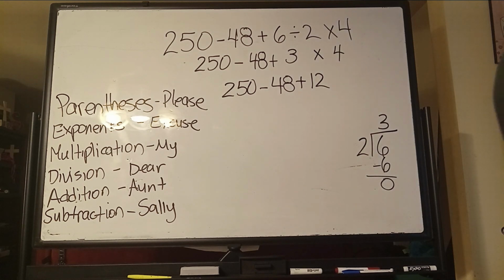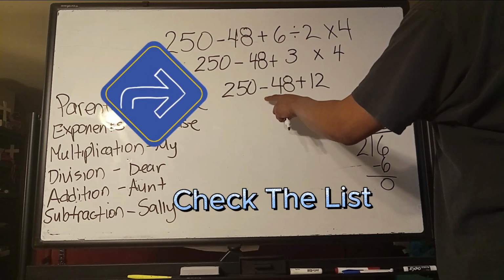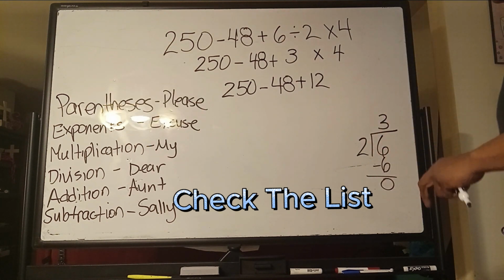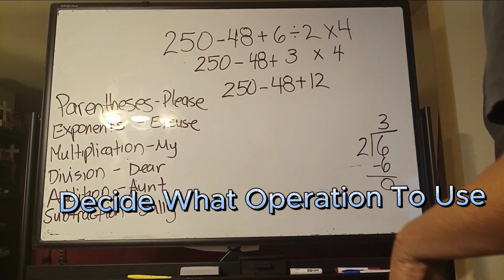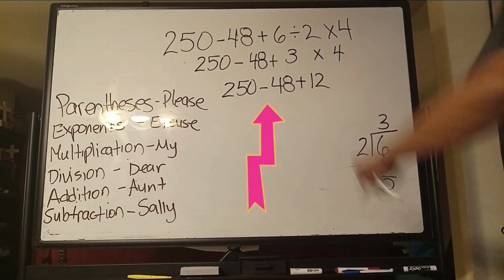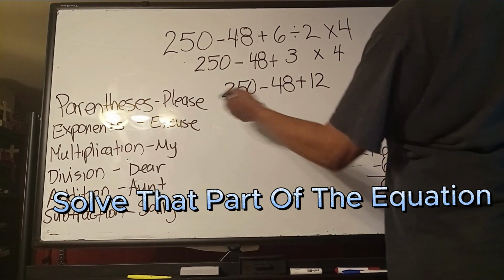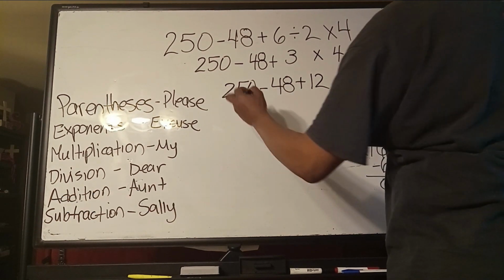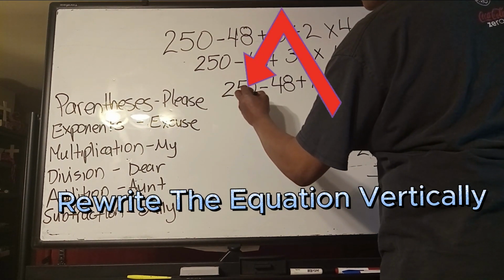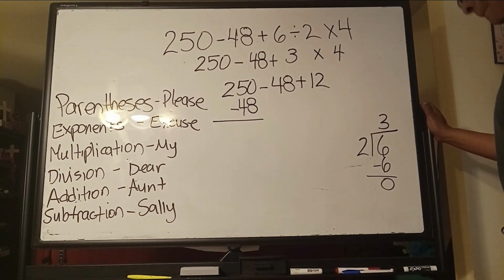All right. And so now that we did that, we're still looking from left to right. We only have subtraction and addition, which are both on the same level. So we do whichever one comes first. So this one comes first, which is the 250 take away the 48. It being horizontal is not the easiest way to solve or to see the answer, so you could just put it right up underneath.